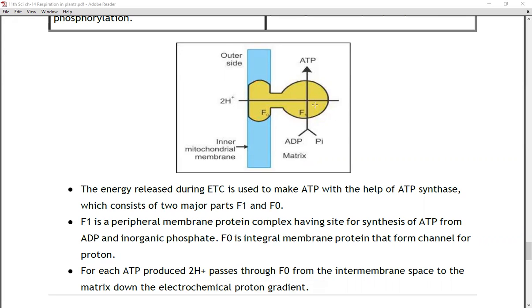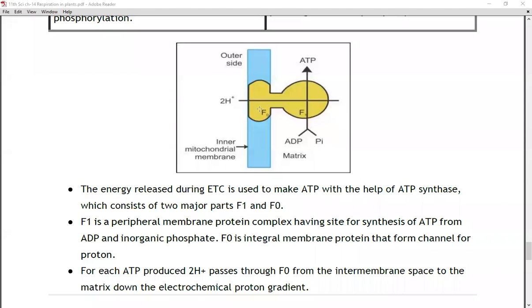This is the site where ADP and one inorganic phosphate combine with each other, and along with ATP synthase, they produce ATP.